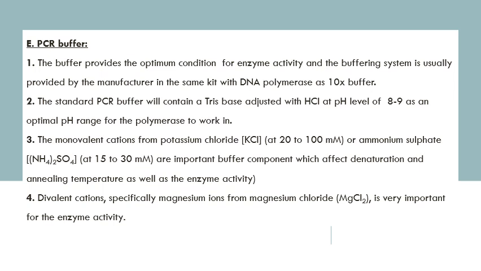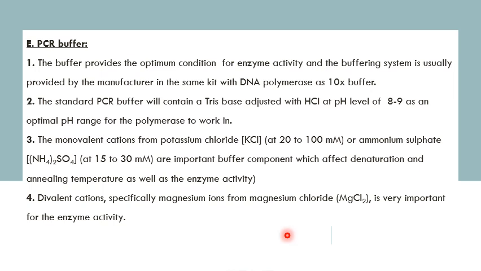Another component is the buffer. The buffer, we said, is just to maintain the optimal pH or optimal conditions for the reactions. Instead of having in vivo DNA replication with its conditions, we have to make the same conditions in vitro. For example, here the pH has to be maintained in an optimal range using HCl.